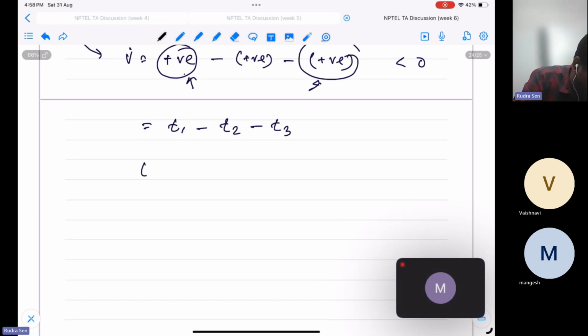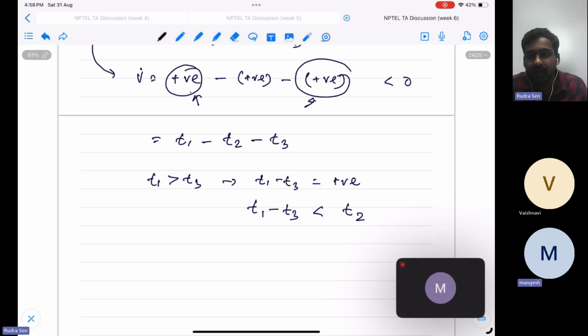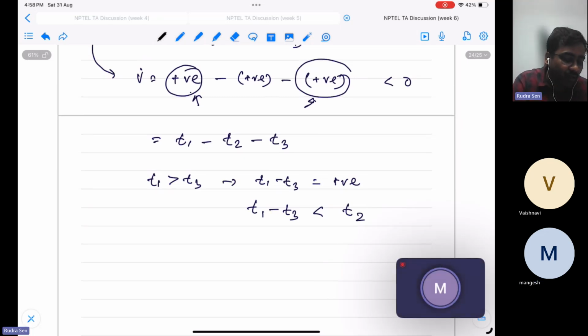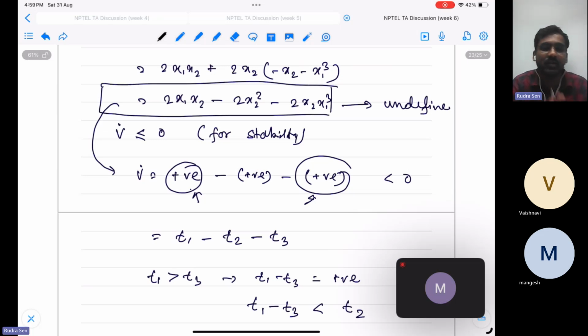So if t1 is greater than t3, definitely t1 minus t3 is positive, and then this term has to be less than t2 to make V dot negative definite, right? That means you can't say anything from here about the stability of the system. That means the system is undefined.